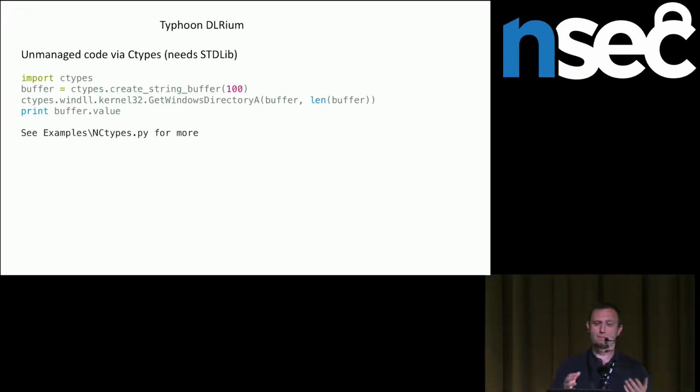For that, you do need the standard library, but you can still call kernel32 GetWindowsDirectory, whatever the case may be. So this scripting bridge that you've just created gets even more powerful, because now you can dump the dependency on platform invoke, and you can work with ctypes if you want to.